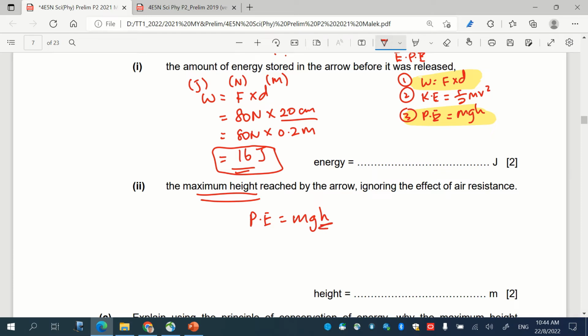Okay, so from here you can tell that the work done stored in the arrow will also be converted to maximum potential energy. So the 16 joule is equal to mass 0.075 kg.